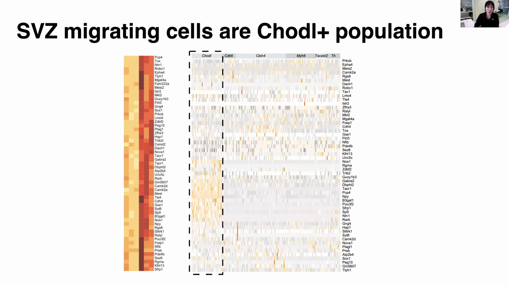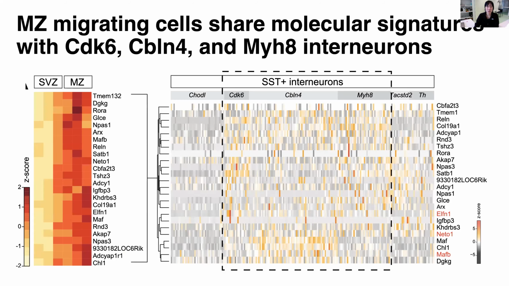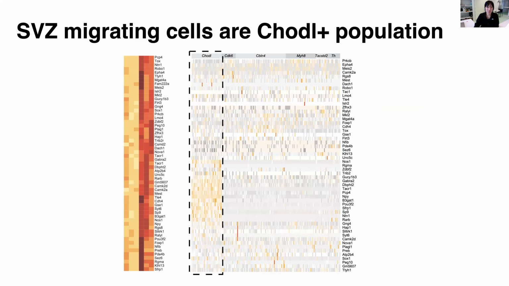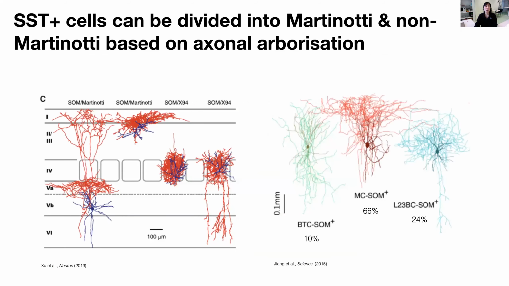So we focused the paper on these marginal zone enriched populations for the following reason. We know that by morphology and electrophysiology, somatostatin cells can be divided into Martinotti and non-Martinotti based on their axonal arborization.